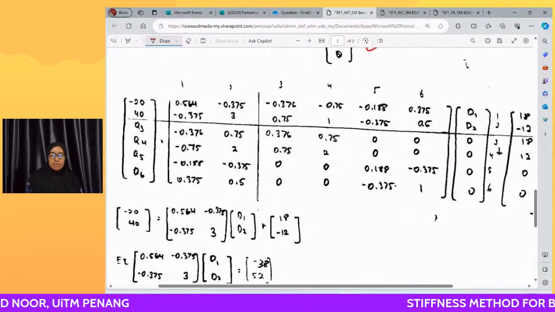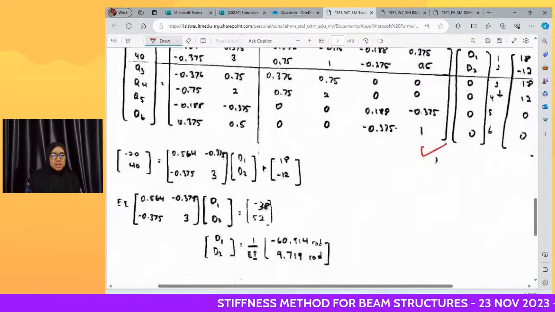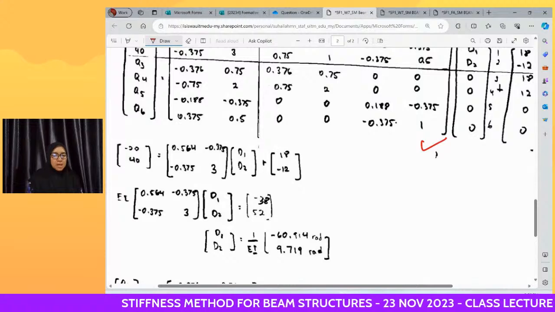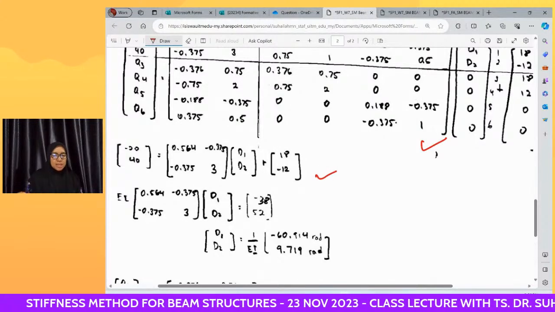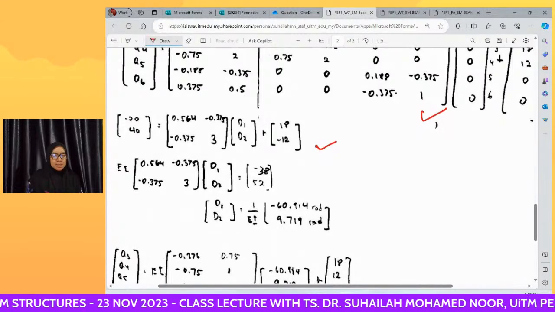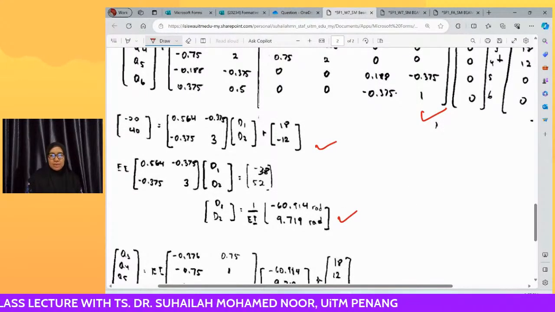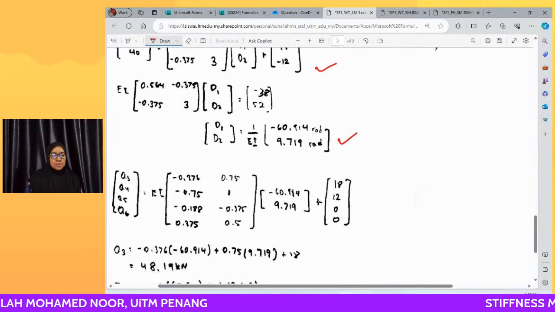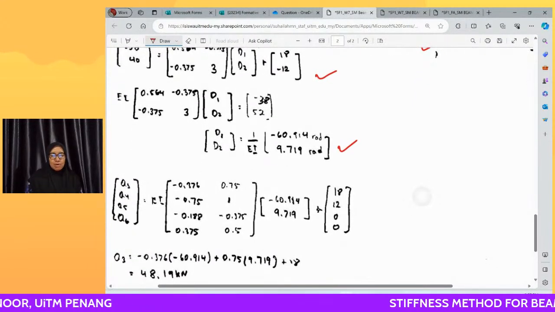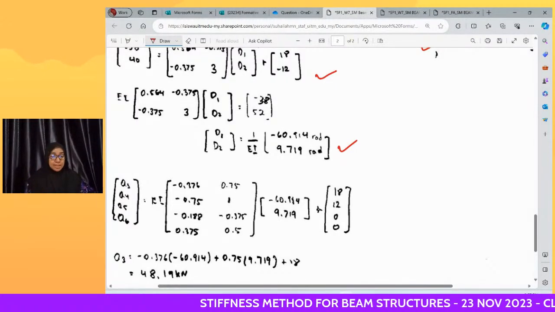Okay, this is the stiffness equation in full. This is for the unconstrained degree of freedom system only. So the answer is over EI if EI is not given. If EI is given, then you have to divide by EI for the answer in meter and radian.